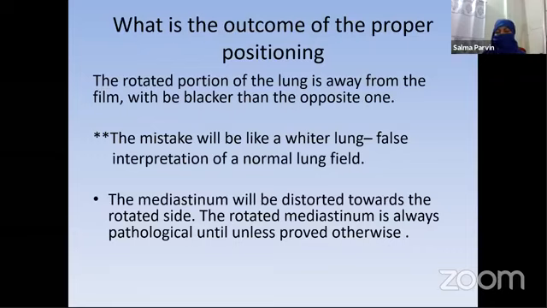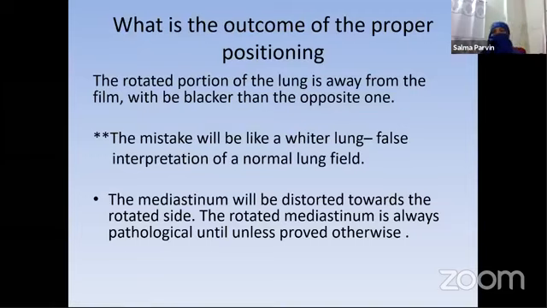Whenever there is rotation of the patient to any side, like the patient rotated to the left, you will get the clavicle more distant from the spine on the left side, and you will have a slightly blacker film on that half of the lung field, and you will get the mediastinum also displaced in the way the rotation goes.